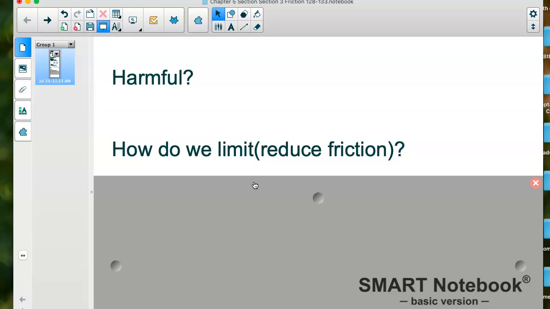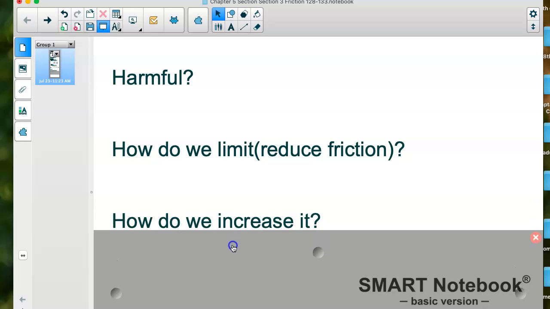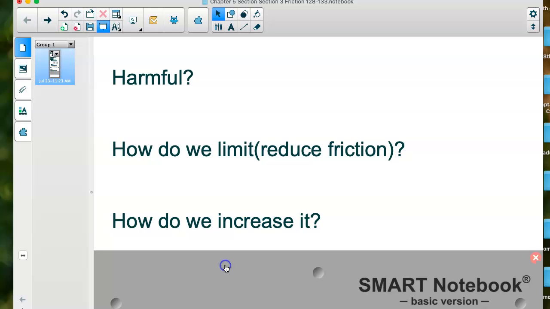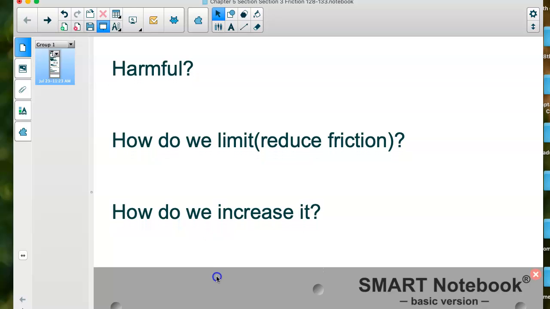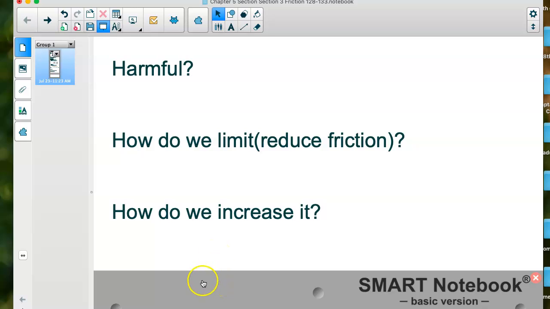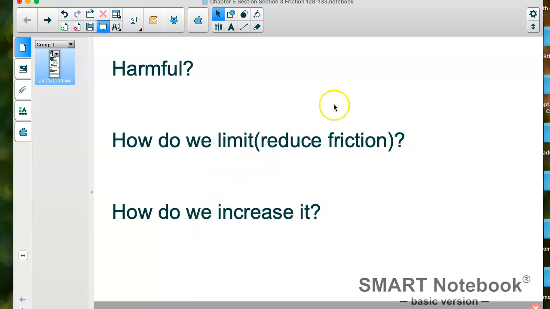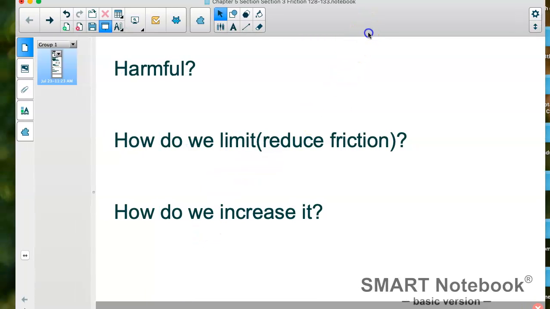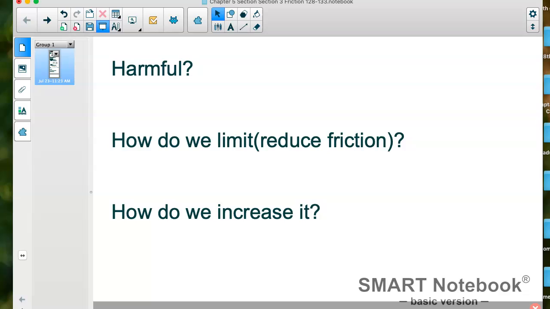So we talk about air resistance or aerodynamics when we talk about cars. We want them to be sleekly shaped so that we can get through the air and not use a lot of gas to do so. So there's ways that we would think of it as harmful or kind of wasteful, and there's ways that we want it. So those are all things I want you to think about as we move forward and study these labs that we're going to do.